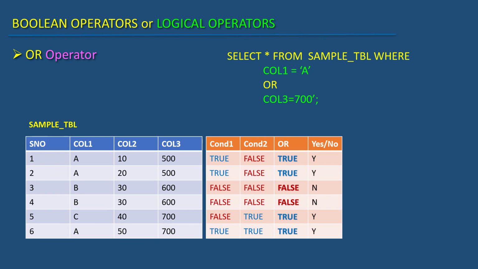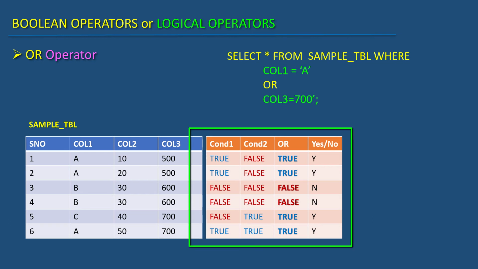The OR operator returns true if any of the conditions are true. It is kind of like saying in real life, give me this or that. It will be false only if both the conditions are not met. In other words, both the conditions are false.